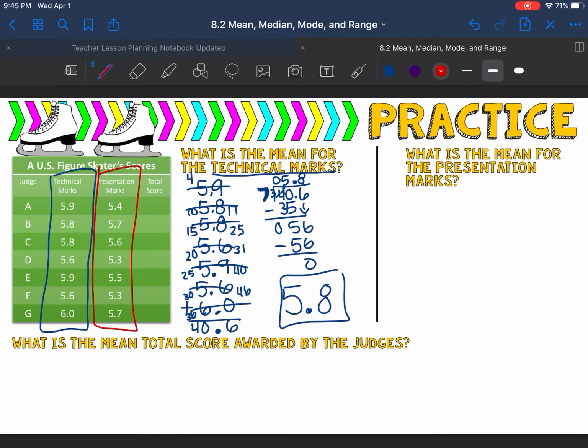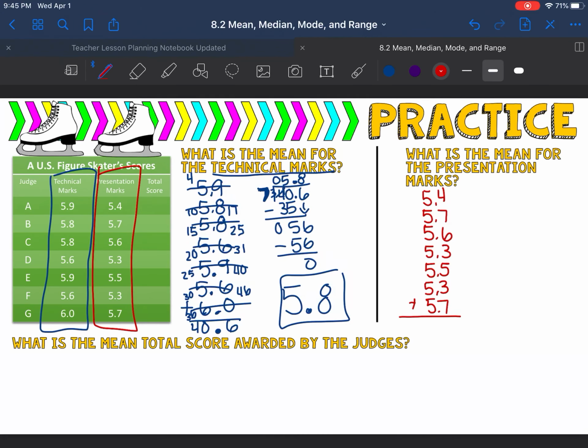All right, guys, welcome back. I hope you solved it and you got your answer. I'm going to solve it quickly here. So I have 5.4, 5.7, 5.6, 5.3, 5.5, 5.3, and 5.7. So I'm going to add all those up.